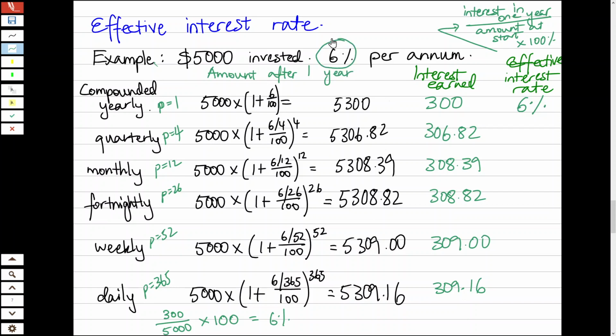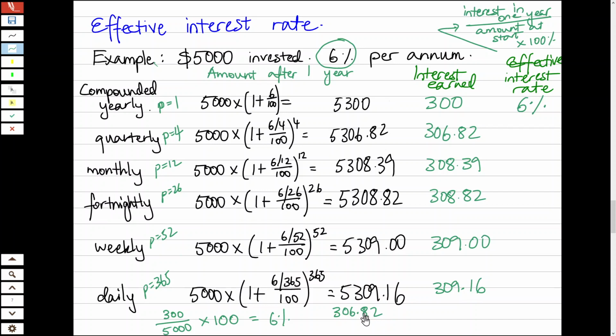Let's watch what happens when we do something shorter than a year. So let's take 306.82, which is what we get if we invest in a quarterly compounding account.